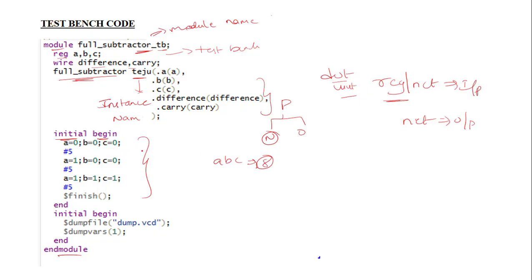You can give any combinations, and for every combination you give some delay; #5 is our delay. Then we use $finish to stop the simulation, and end the begin with the end keyword.